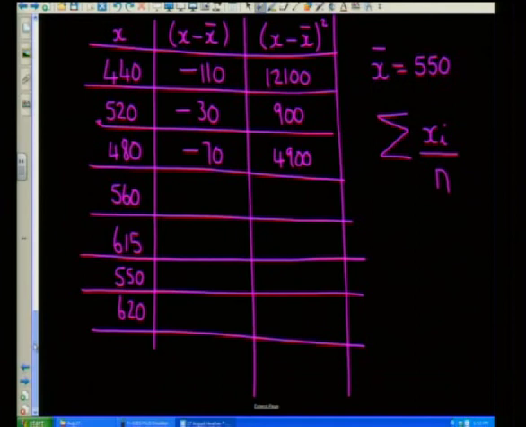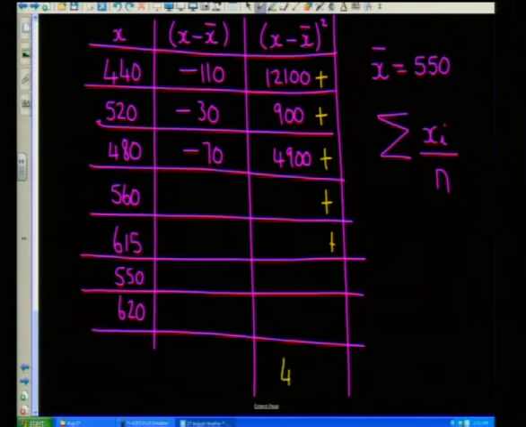Once you've done that and you've got all 10 of these scores, you're going to take 12100, add on the 900, then add on the 4,900, and keep on adding all these together. Once you've added all of them up, you're going to get 47650. Now 47650 is the sum of this column.